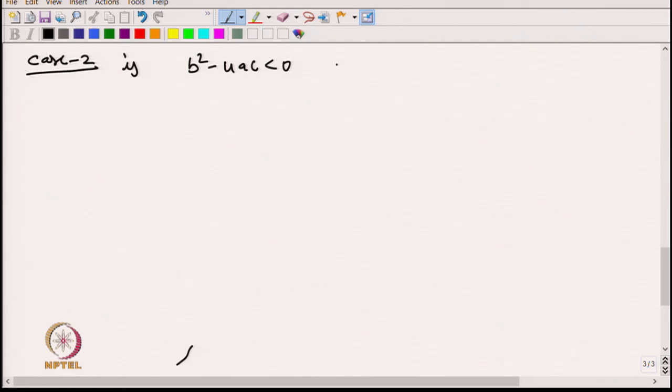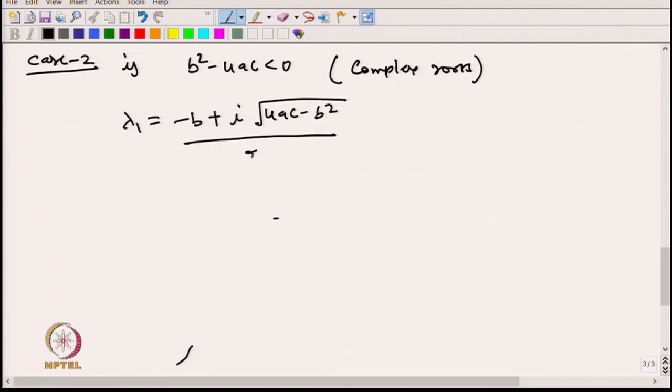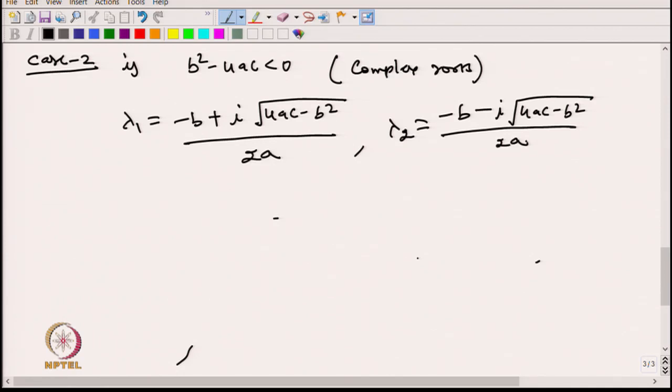In this case I will have complex roots, and the complex roots will be: lambda 1 is minus b plus iota square root of 4ac minus b square, divided by 2a, and lambda 2 will be minus b minus iota square root of 4ac minus b square, divided by 2a. So, this iota is a complex number.